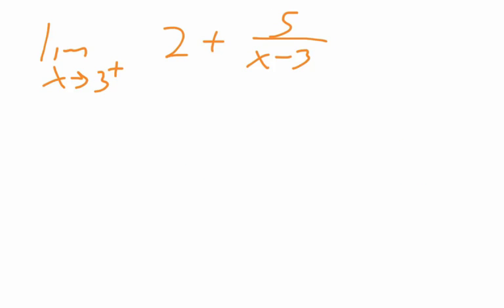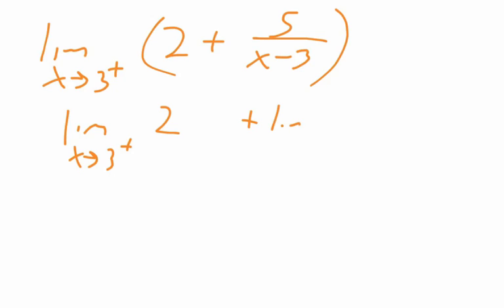One more. This is what happens when we have 2 plus. Because we have this 2 plus, I'm going to change this into the limit as x approaches 3 from the right of 2 plus the limit as x approaches 3 from the right of 5 over x minus 3. And because we get 5 over 0, I know that this is going to go to either positive infinity or negative infinity.